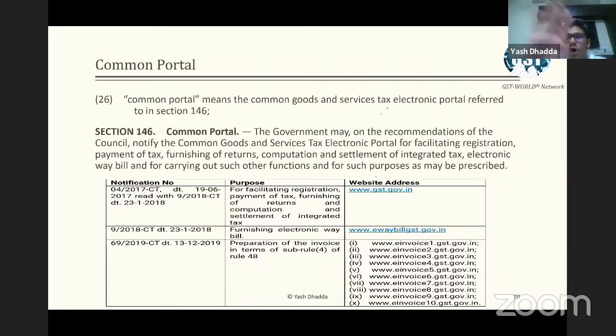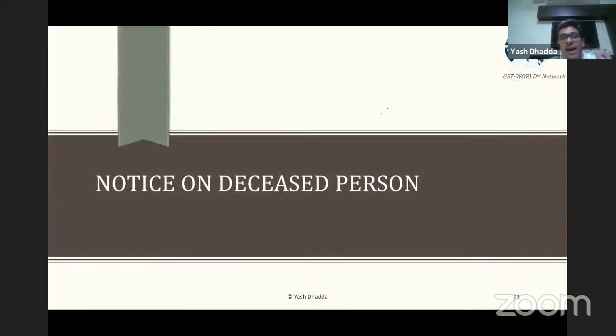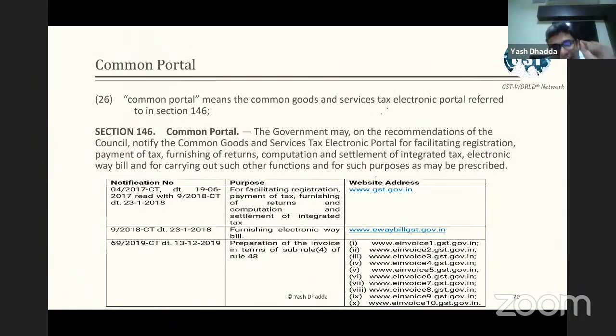You can see there are 4 notifications, 4/17, 9/18, 69/19. वो सब या तो gst.gov.in की बात करते हैं या ई-वे बिल की बात करते हैं या ई-इनवॉइस की बात करते हैं. And again they are for a very specific purpose. They write what is a specific purpose in this regard. And hence that is why the understanding is all of us should challenge that all the notices, all the orders which are on the GST portal, they are not properly served because the common portal has not been notified for the purpose of this, and hence on the basis of this we can go forward.